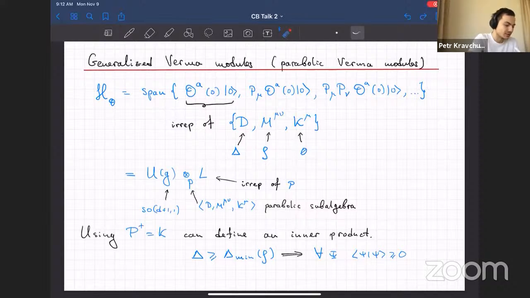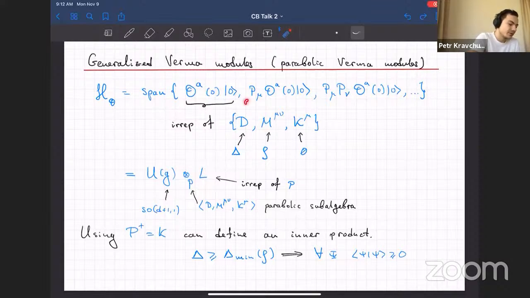And if you want to talk to mathematicians, then the way you describe this subalgebra is that it is a parabolic subalgebra p of the Euclidean conformal algebra, and the states here form some irreducible representation L of this parabolic subalgebra.